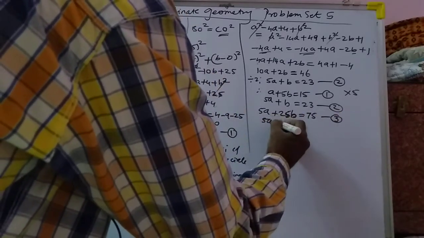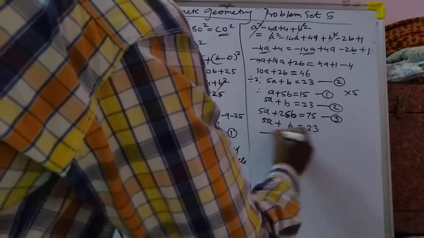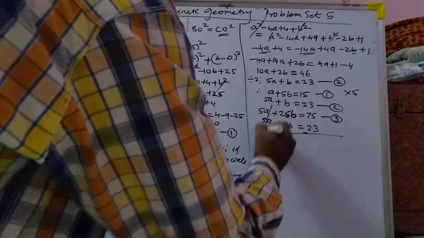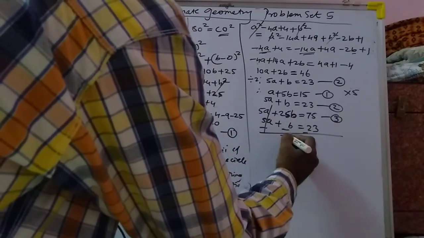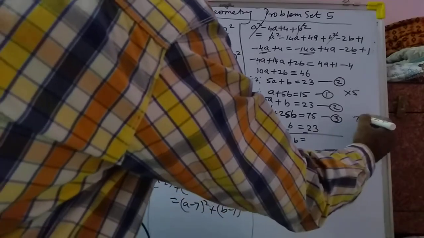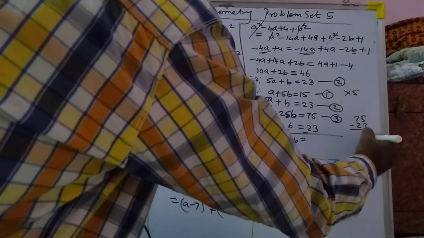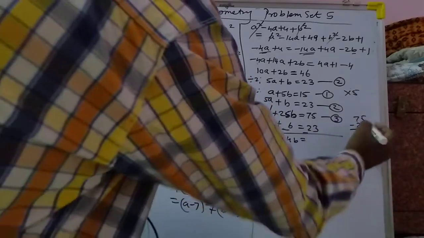And it is 5a plus b is equal to 23. Subtracting, that will become 24b is equal to 75 minus 23, and that will become 52.